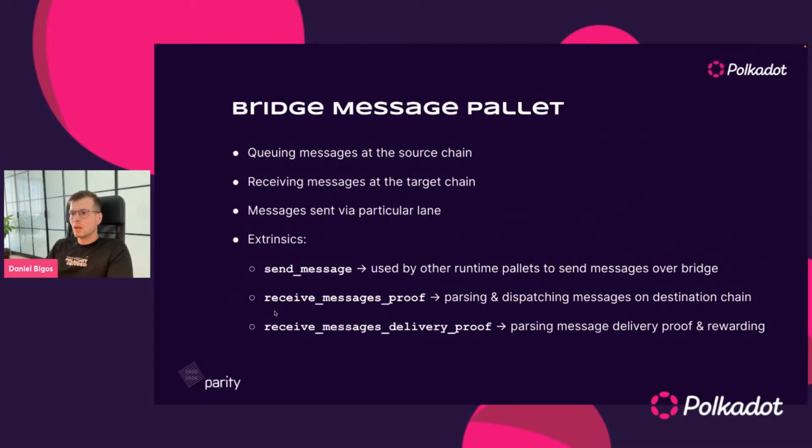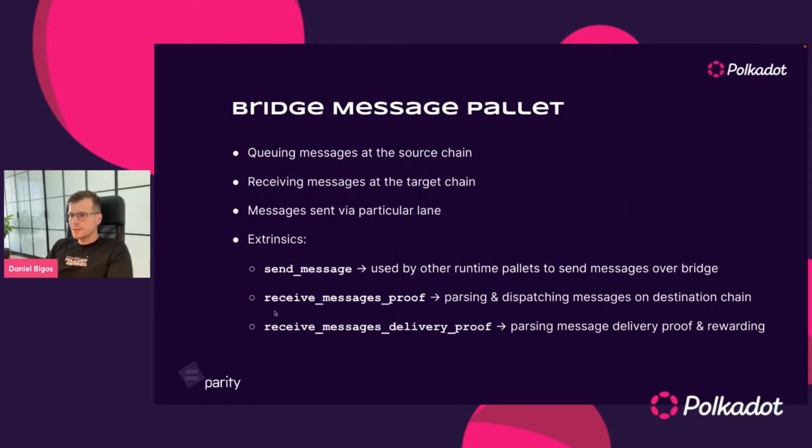We also have the extrinsic receive messages proof. We call that extrinsic on the destination chain if we have a bridge messages pallet there. So the relayer calls that extrinsic to submit a transaction containing the bridged message or any other data.